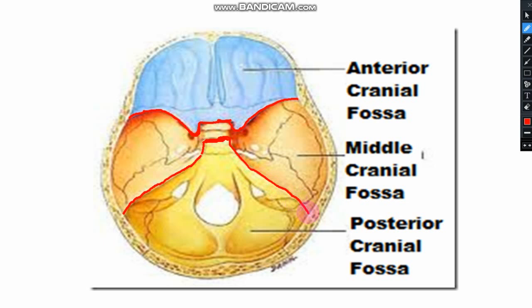On each side, there is the mastoid part of the temporal bone, the mastoid angle of the parietal bone, whereas posteriorly there is the squamous part of the occipital bone. And here we see the foramen magnum.